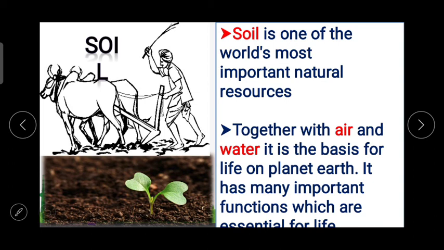Again, I am repeating the same thing. We can't imagine our life without soil, because the food which we are getting is grown in the soil. So, together with air and water, it is the basis for life on planet Earth. It has many important functions which are essential for life, but the basic thing is that for agriculture we need soil.